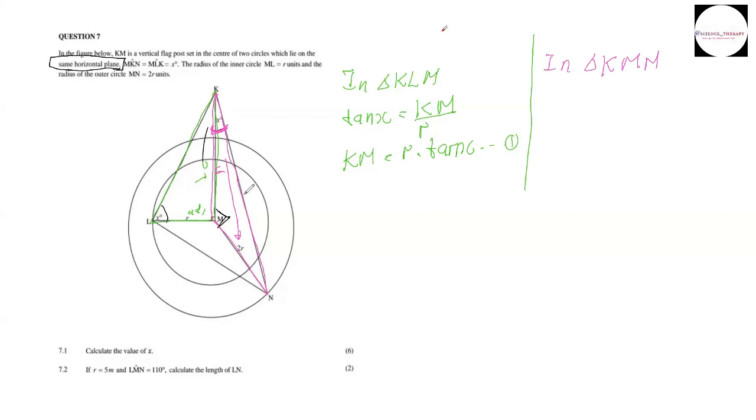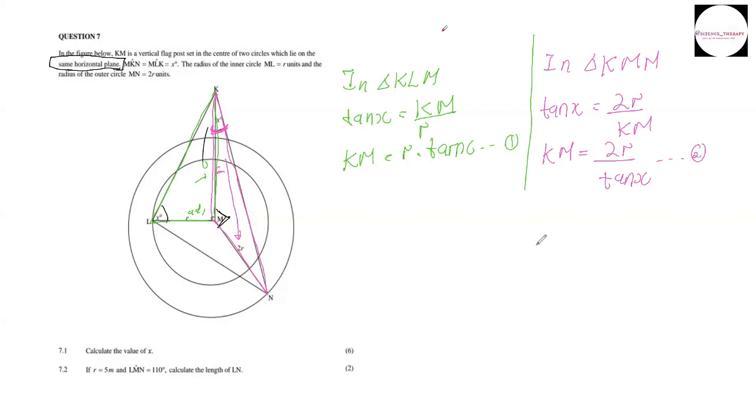So again, we can use tan, right? This time this will be tan X, and our opposite side this time around is the 2R that we see there, and our adjacent is the KM, right? Note that we are trying to express this with KM being the subject of the formula. So this will just swap positions. We will have KM is equal to 2R over tan X. And then let's go ahead and call this equation number 2.